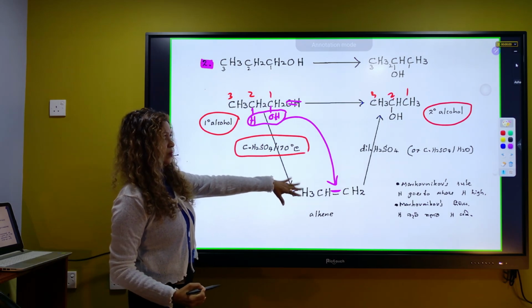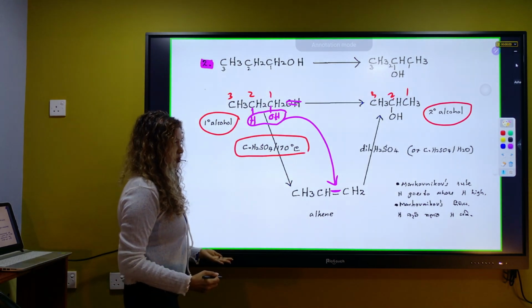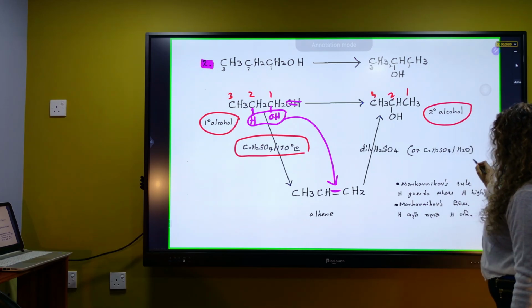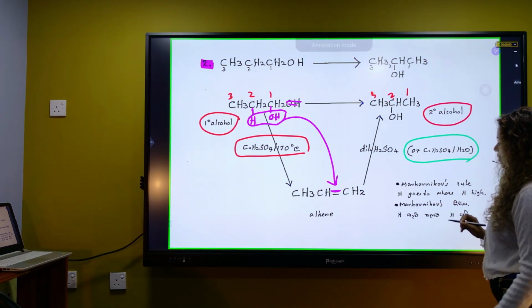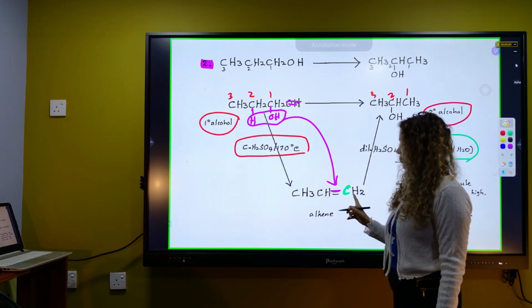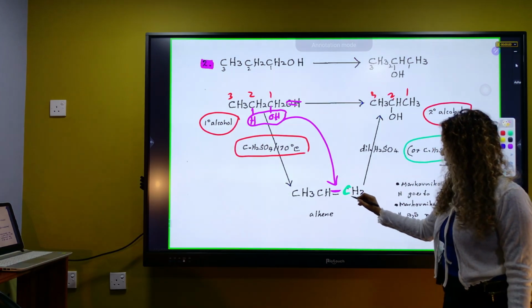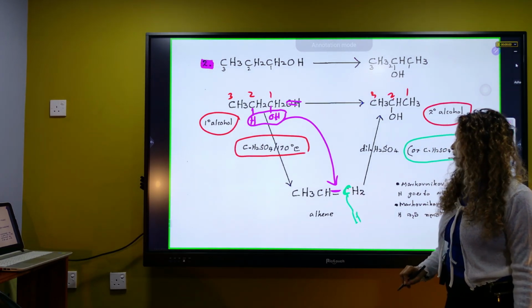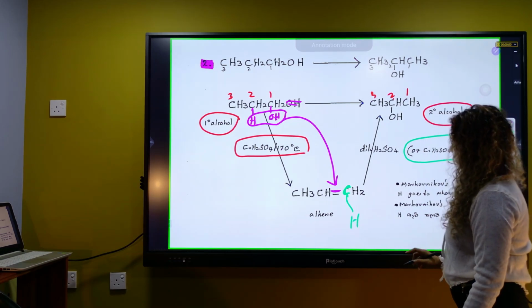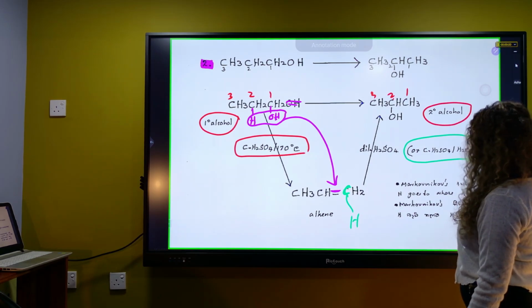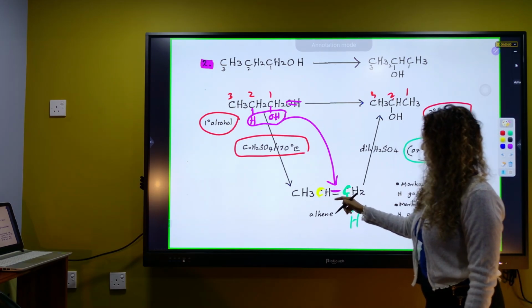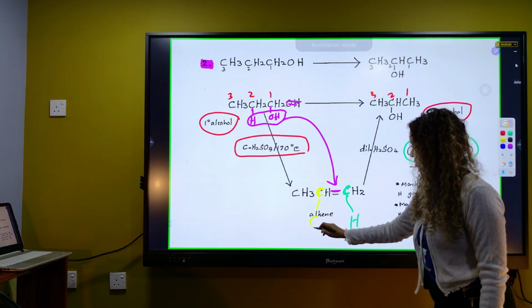Now I want to add an OH again. What would I do? I'm adding either the H2SO4 at 170 or otherwise you can add H2SO4 and water. What happened here again is, according to Markovnikov, to the carbon which has more hydrogen, another hydrogen is joining. The carbon having less hydrogen is now joining with the OH group.